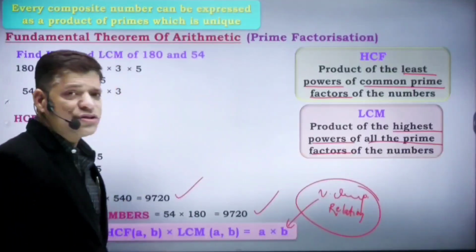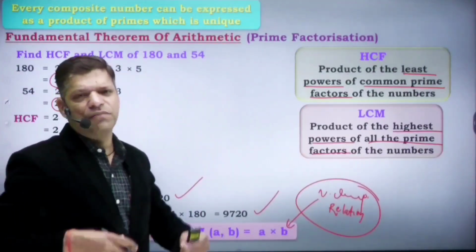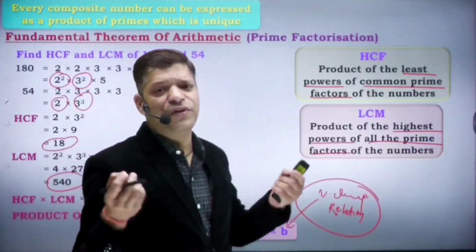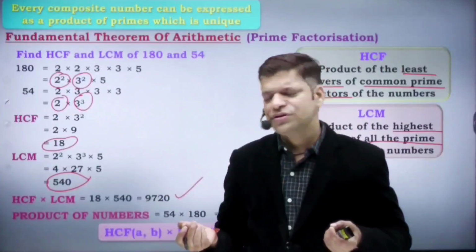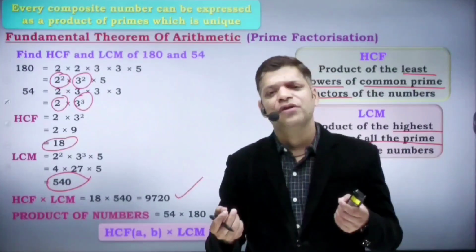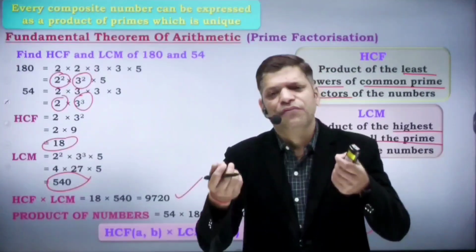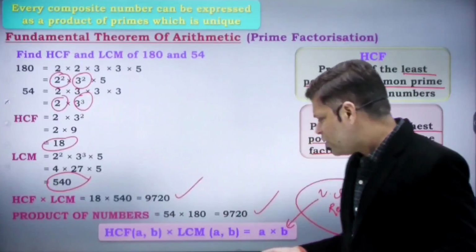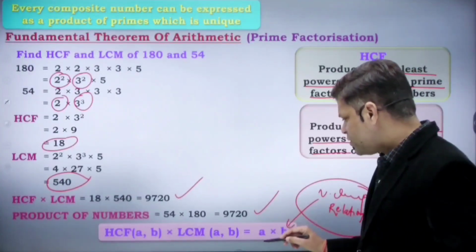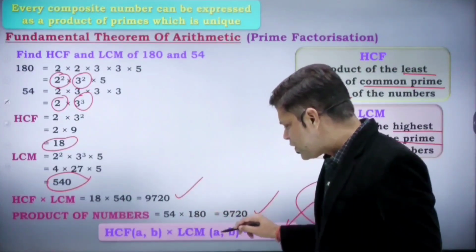There are many questions based on this relation. One of the questions may be asked to verify the relation. In one of the questions we are given the product of the numbers and one other thing, that is the LCM, and we have to find the HCF. Either we are given the product of the numbers, or the HCF or LCM.